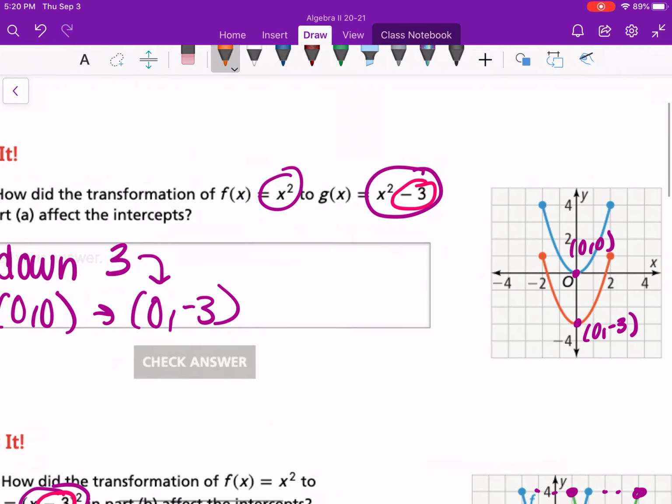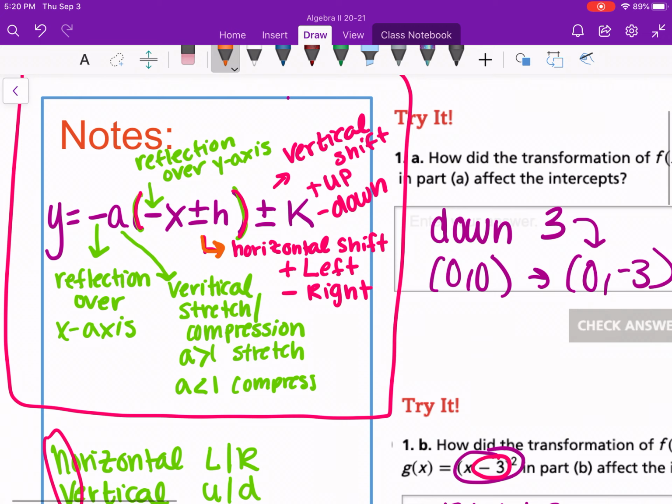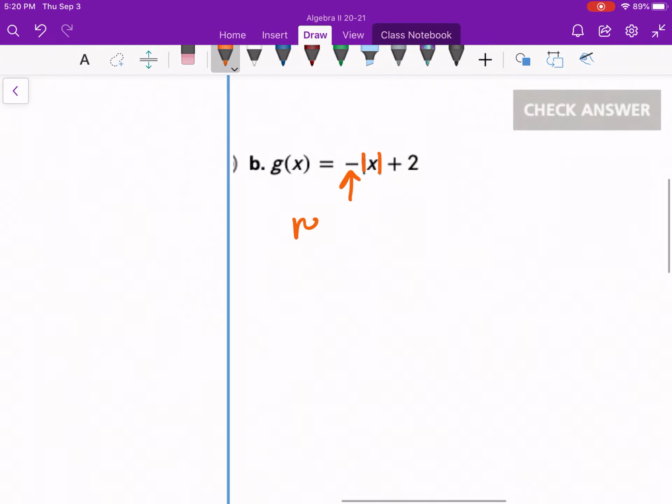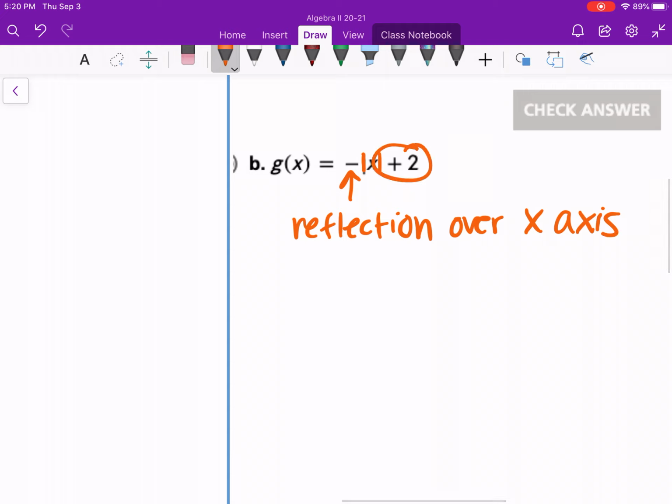So I'm going to go look up what a negative on the outside means. Looks like a negative on the outside is a reflection over the x-axis. So I'm going to go write that down. Reflection over x-axis. And then I've got a +2 on the outside of the container.